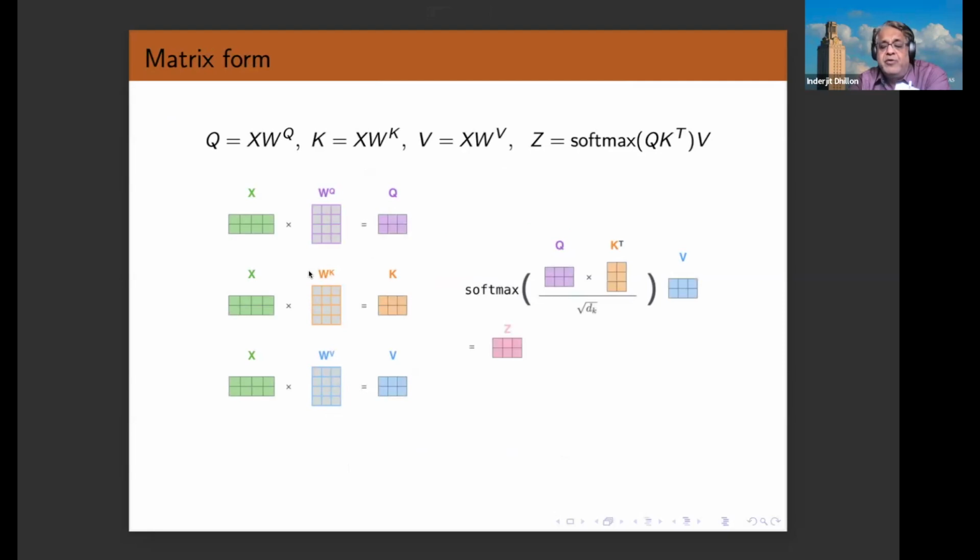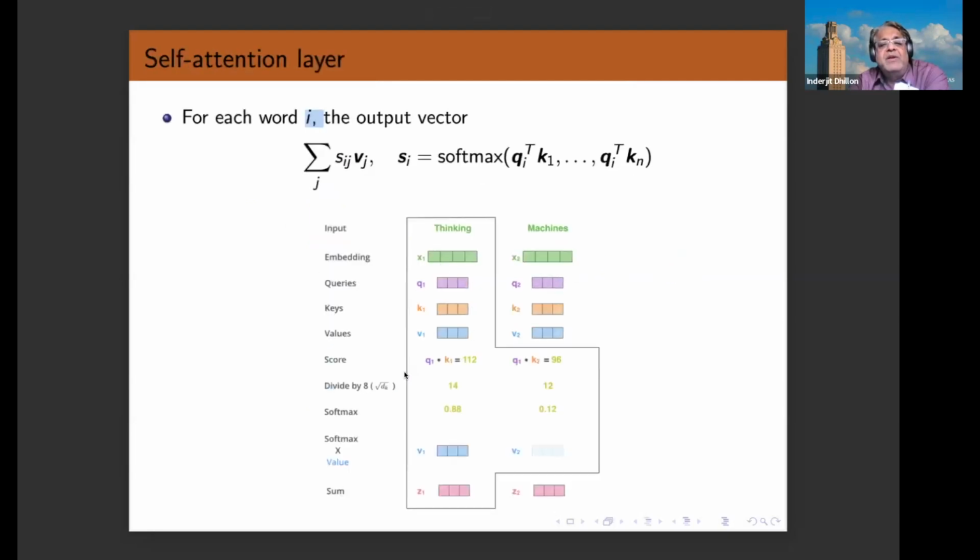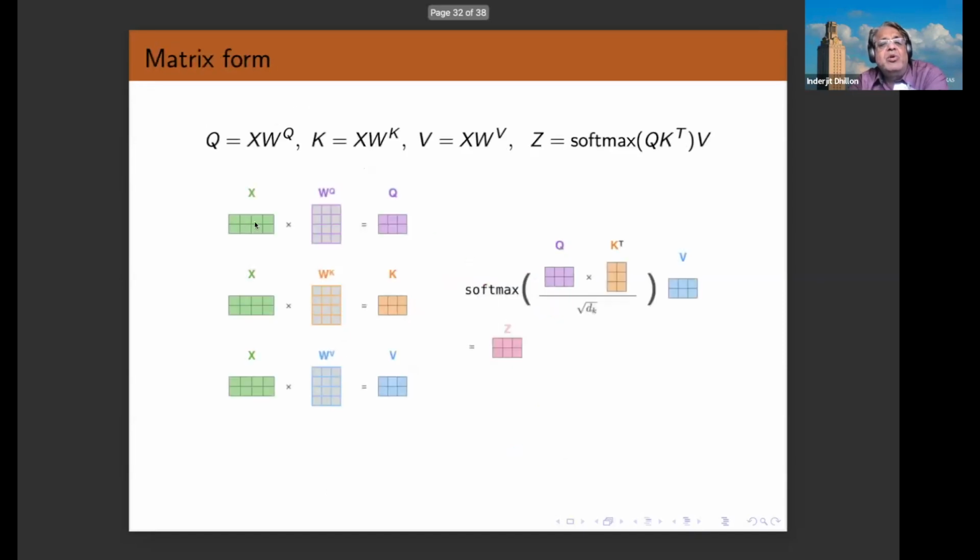So, we kind of explain this over here, right? In a machine, the way it would be done is, here we are looking at thinking machines as separate. Typically, what you would do is stack these. So this first row would correspond to thinking, and the second row would correspond to machines.